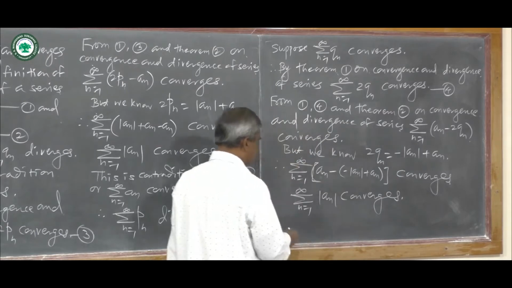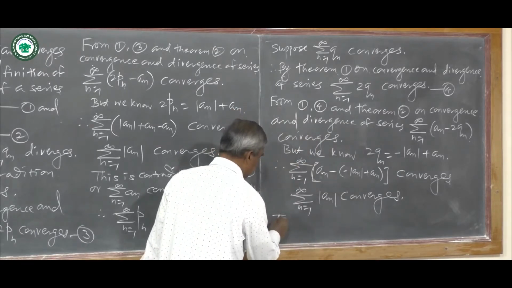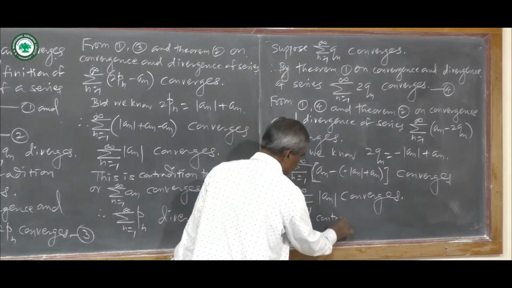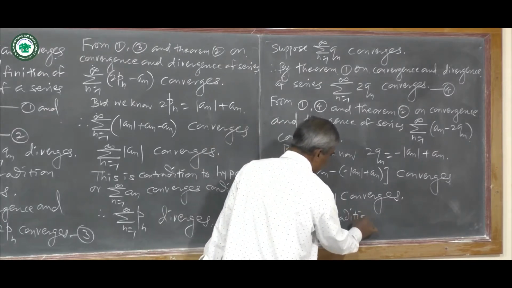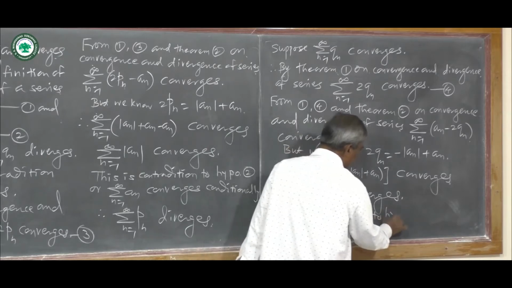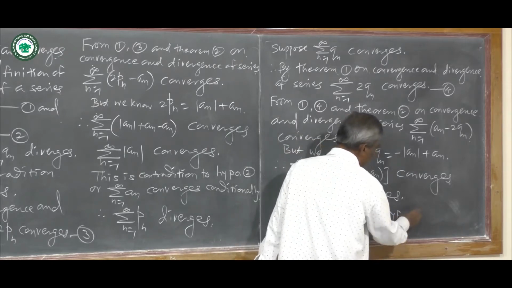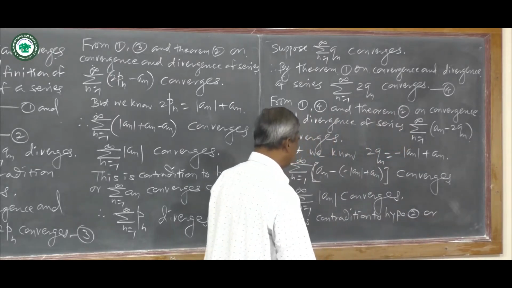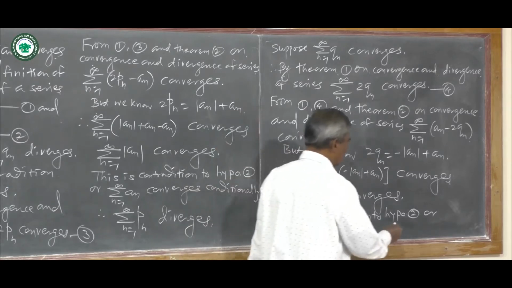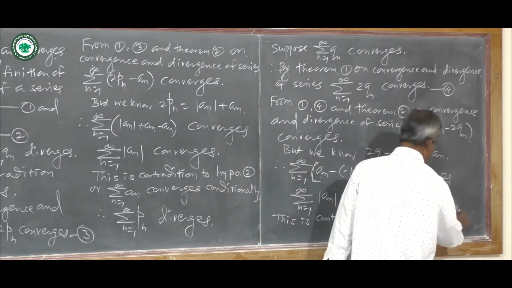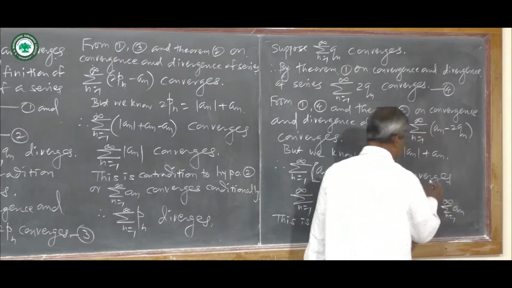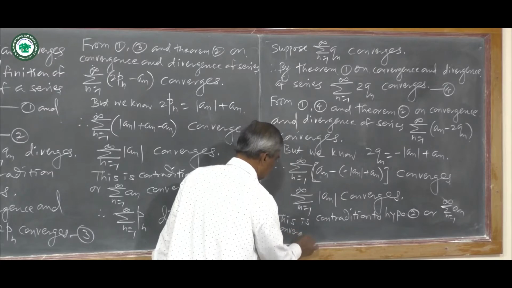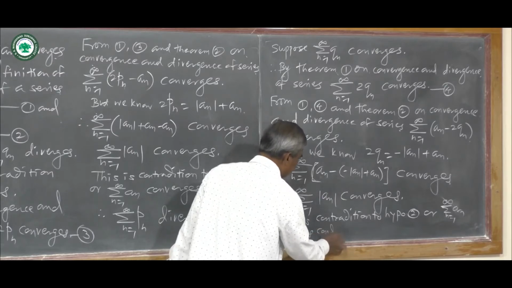This is a contradiction to hypothesis 2, that sigma an converges conditionally.